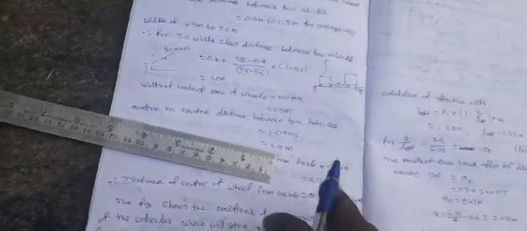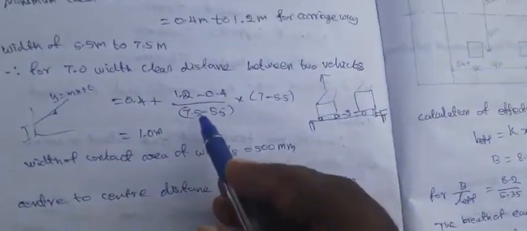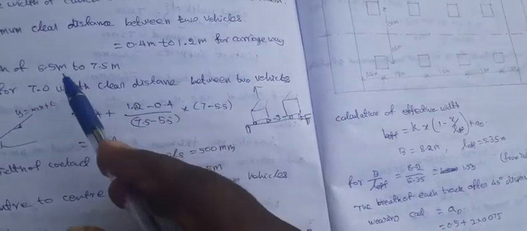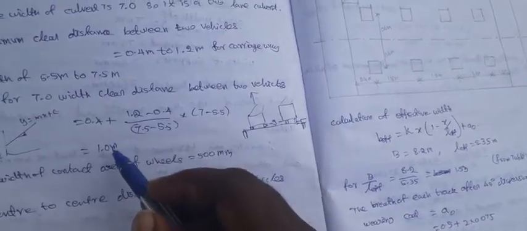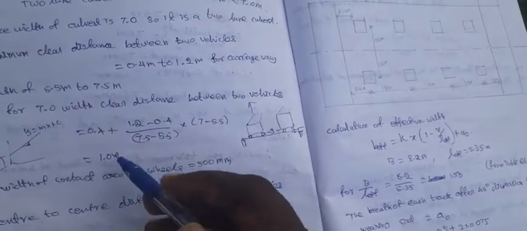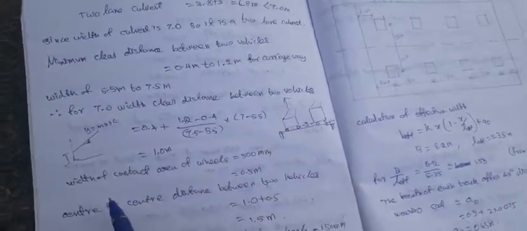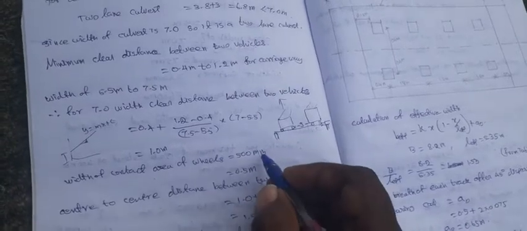So by these steps we can find out the clear distance for the 7 meter width road. So that's important. Another thing is that the width of the contact area of the wheel is 500 mm.